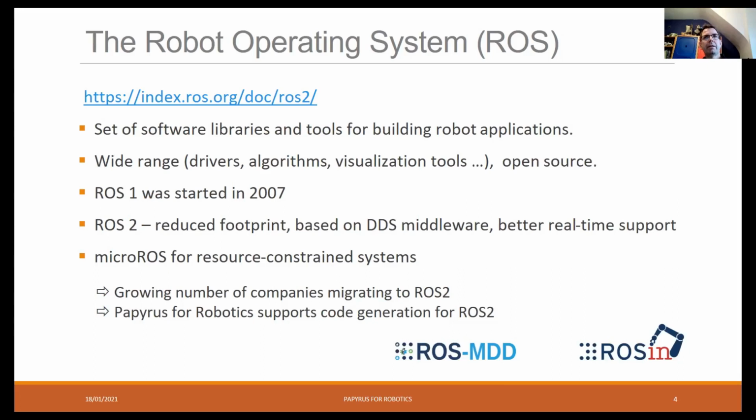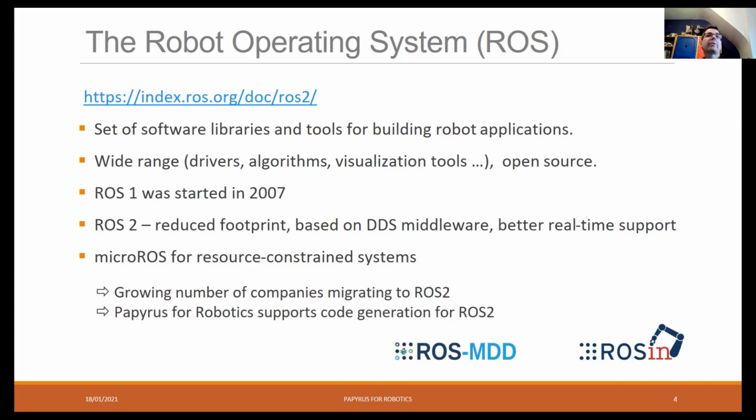reduced footprint. It's based on the standard middleware DDS that is very powerful, and therefore it's better suited for embedded real-time systems because DDS has quite good support for quality of service, for instance. For very resource-constrained systems, you can use micro-ROS, which is, with some restrictions, ROS2 compatible.